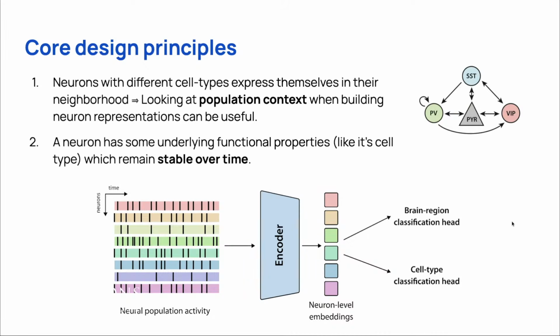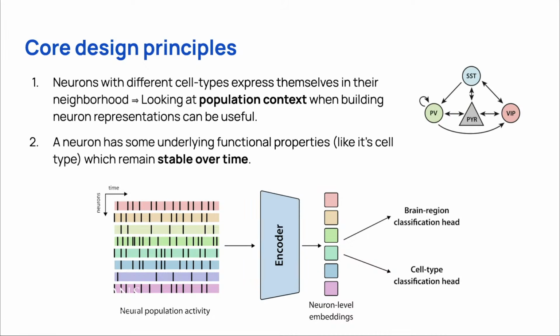When designing the objective and how this system will work, we had 2 main design principles. The first is that previous models would typically only look at a single neuron's activity at a time and try to figure out what cell type it is. But our first thing was that we should actually look at the population context, because knowing what my neighbors are doing should also inform me about what type of cell I am, where I'm from, and what my function is.